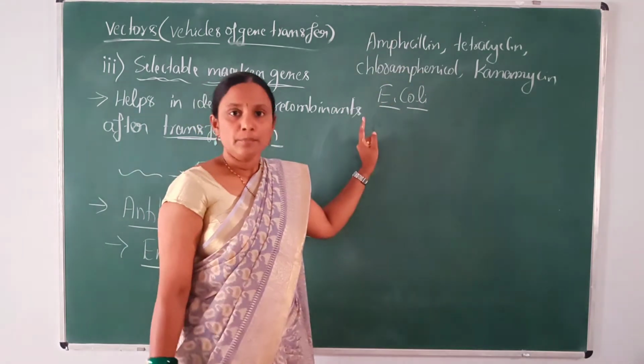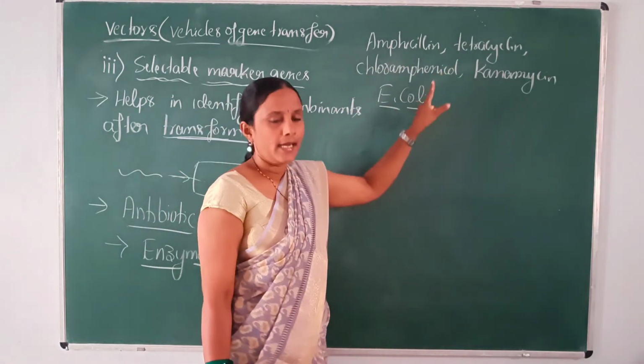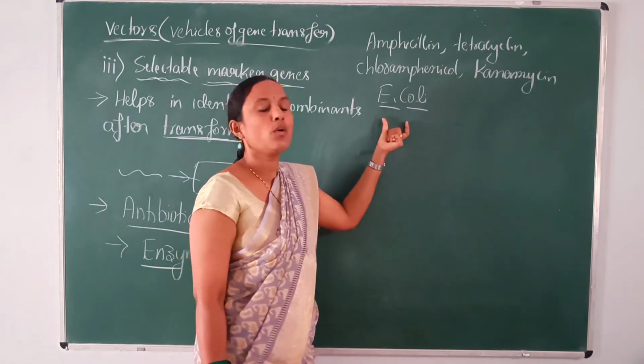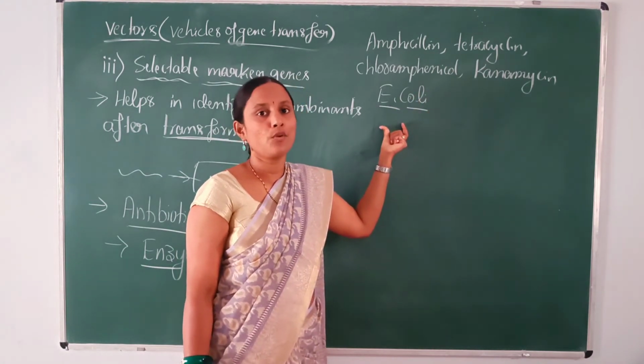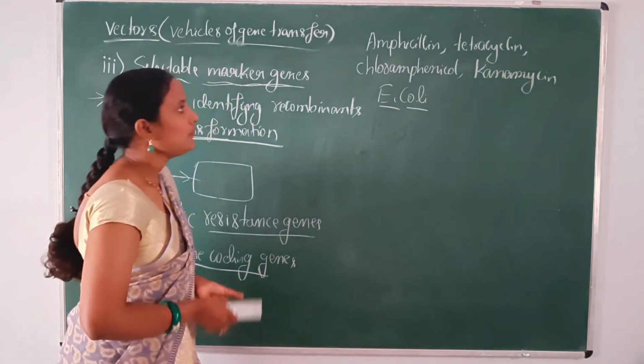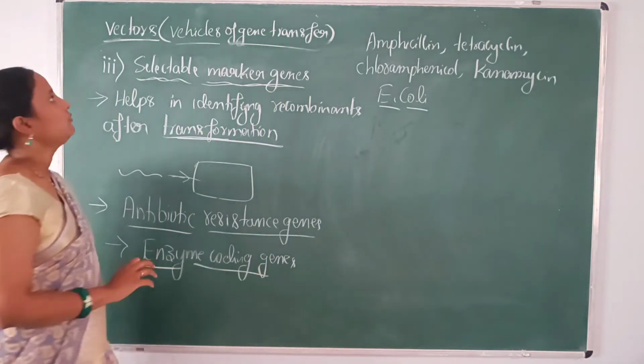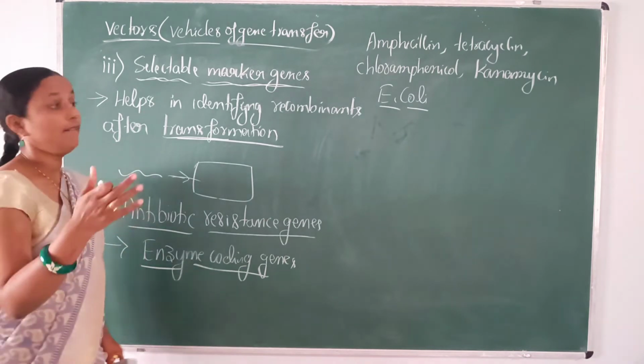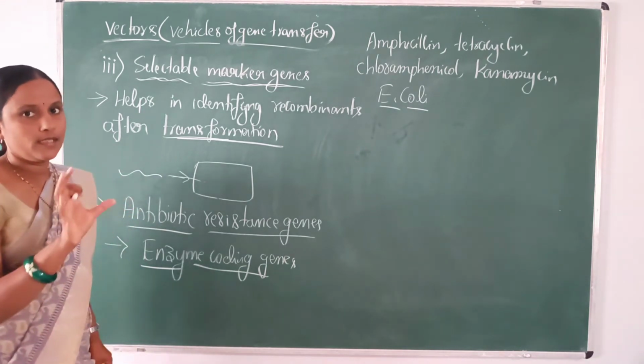That means in the presence of these antibiotics, Escherichia coli cells are capable of growing successfully. And this is about the selectable marker genes. How we can select, we shall discuss a little further.